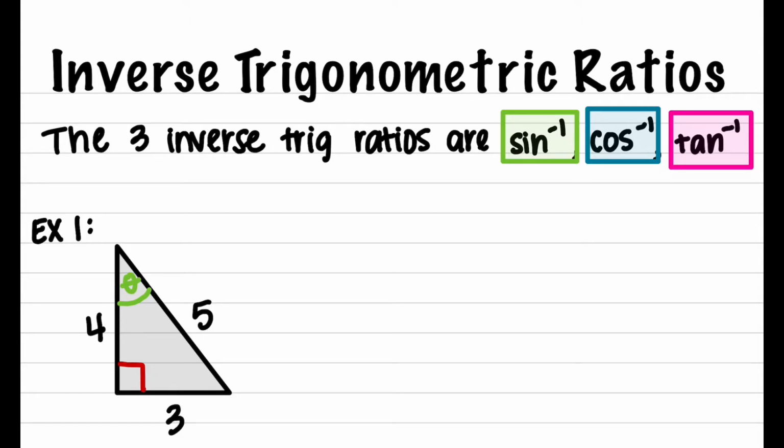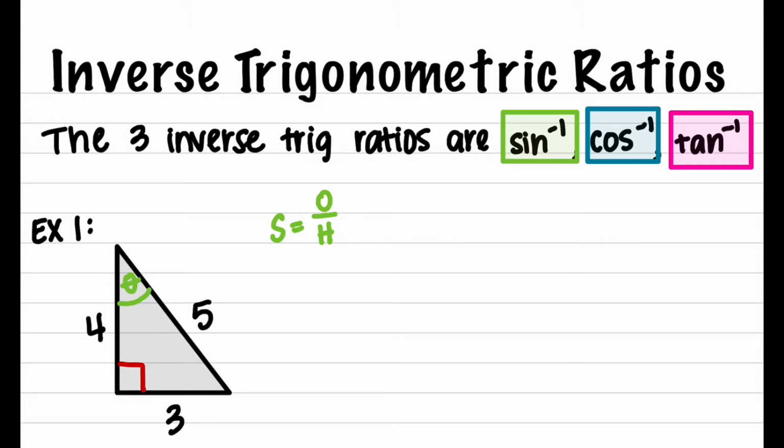If I want to find the angle theta, all I would have to do is set up the trig ratio. So my first option is to use sine inverse. So remember, we know that sine is opposite over hypotenuse.